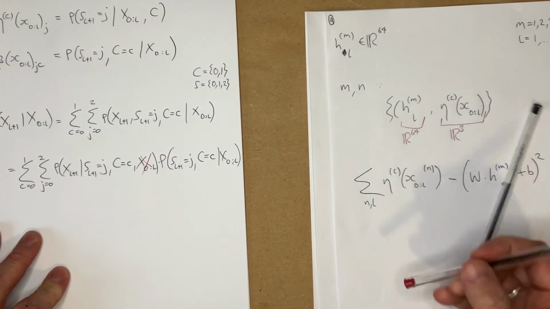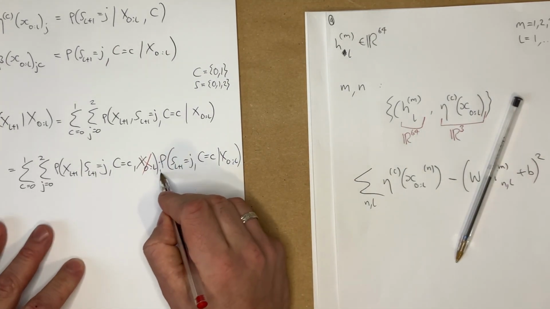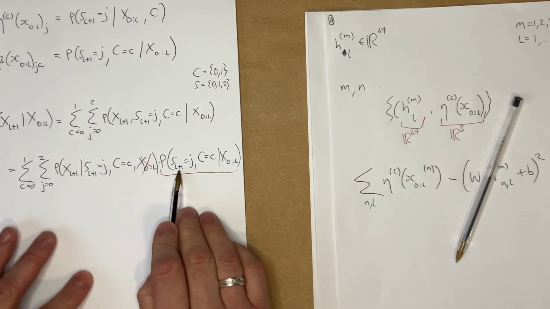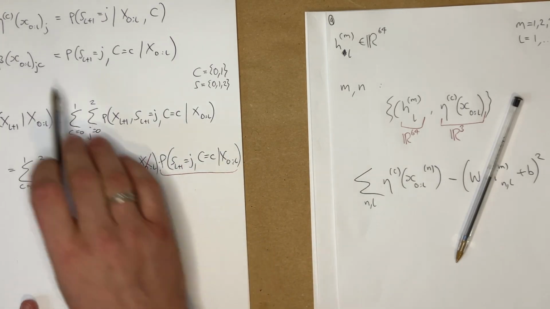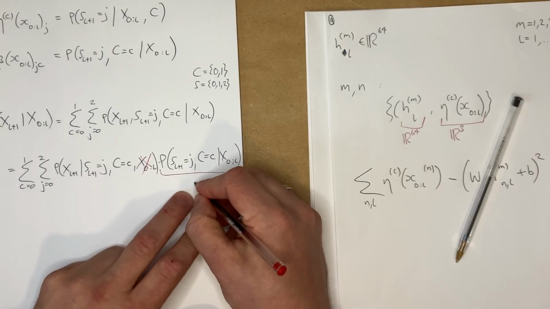And if you look carefully, this quantity here, the joint distribution on the hidden state and the component, is just beta. That's just what I wrote, so I can write that as beta.